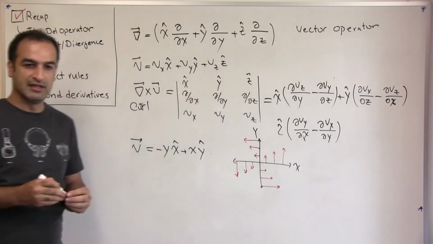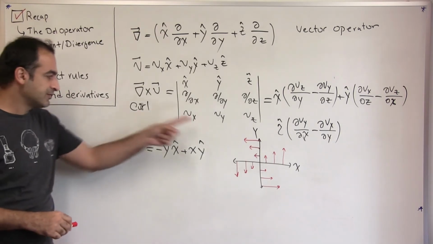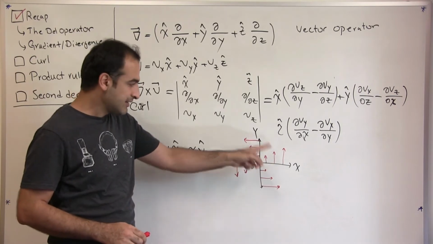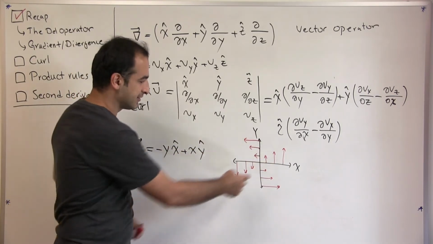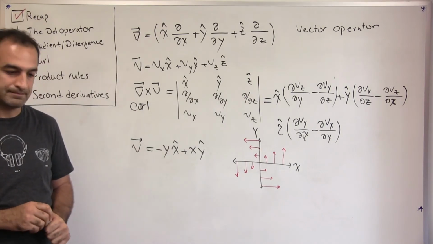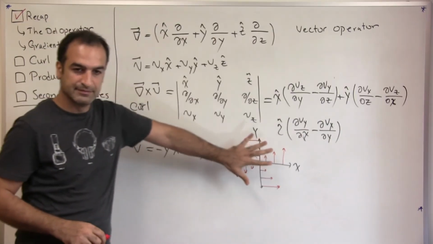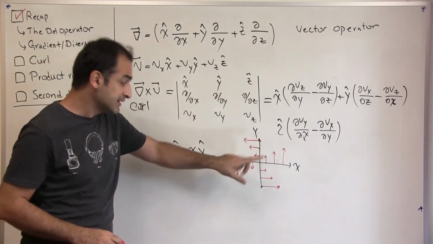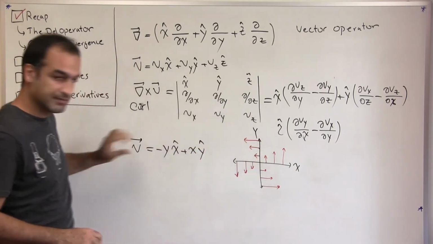Looks good? So this simple equation is giving us a vector field that obviously is swirling around the z-axis. Okay? Makes sense? So this figure represents this simple equation.